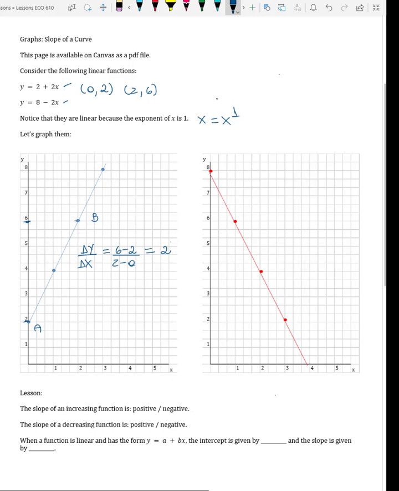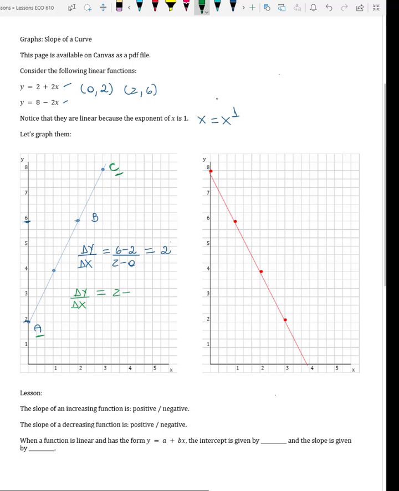Now, because this is a linear curve, I could actually have picked any 2 points. For instance, let's move along the curve, but now from point C to point A. Then, the slope becomes changing y again over changing x. But in this case, my y is changing from 8 to 2.